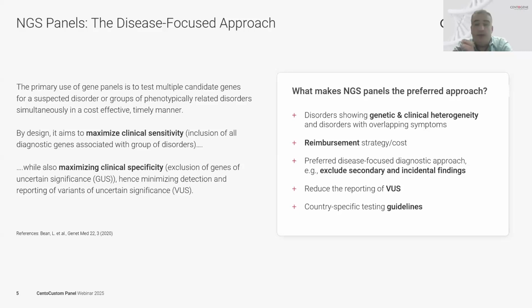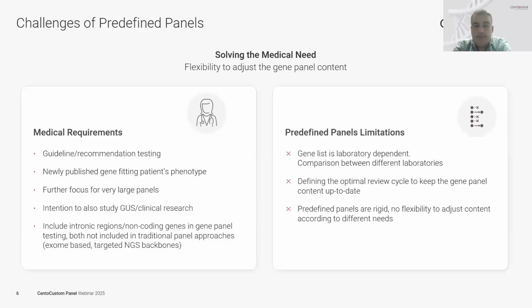When a clinician prefers to focus only on a specific group of genes to minimize the risk of incidental findings and to reduce the chances of having a result variant of unknown significance, or also because there are either best practice guidelines or local testing guidelines that prefer that only a predefined set of genes is tested.